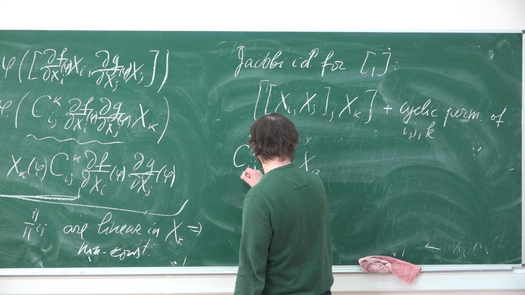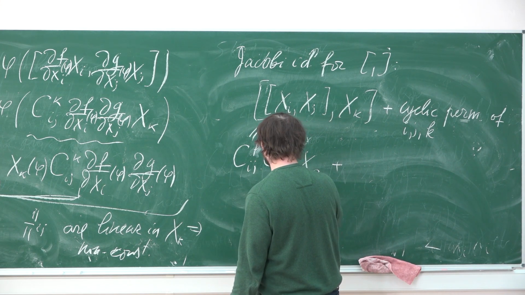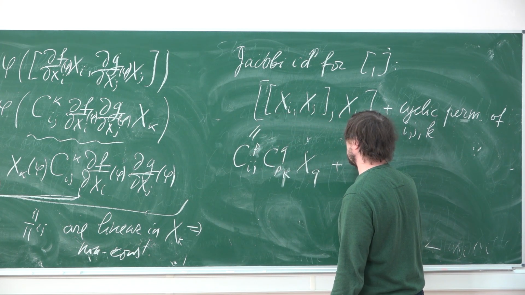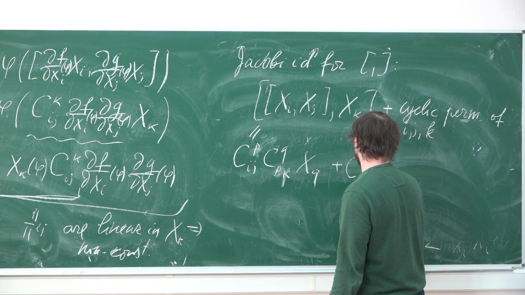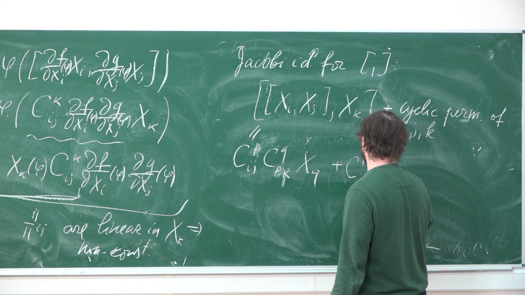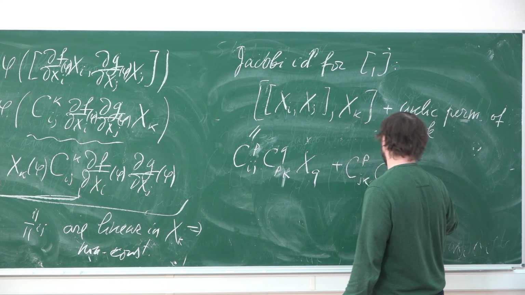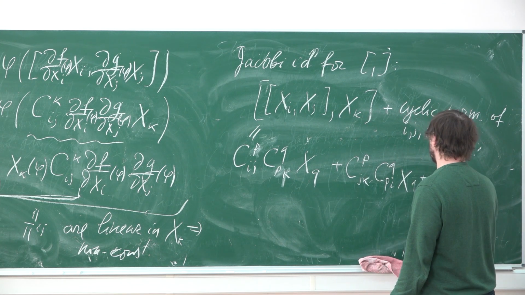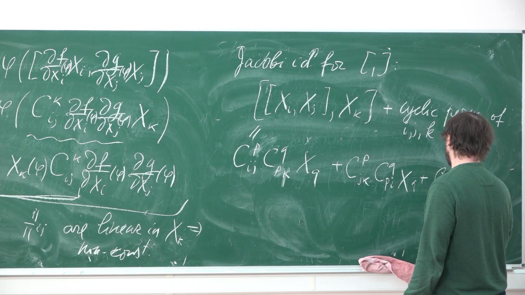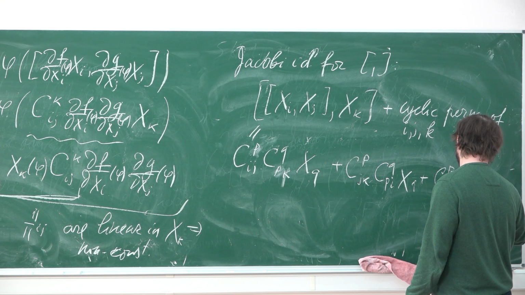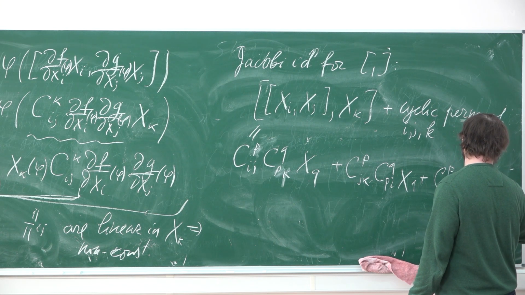Now you add cyclic permutations. So you get C^{ij}_p C^{pk}_q x_q plus C^{jk}_p C^{pi}_q x_q plus C^{ki}_p C^{pj}_q x_q.